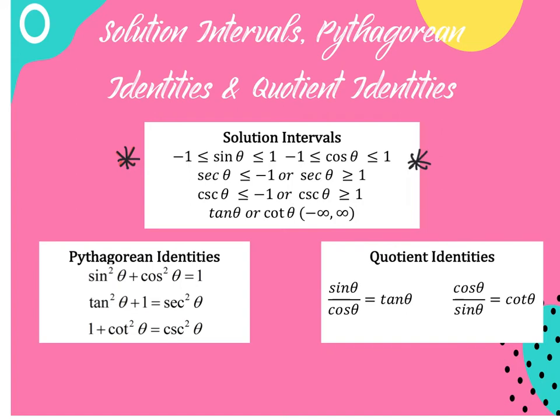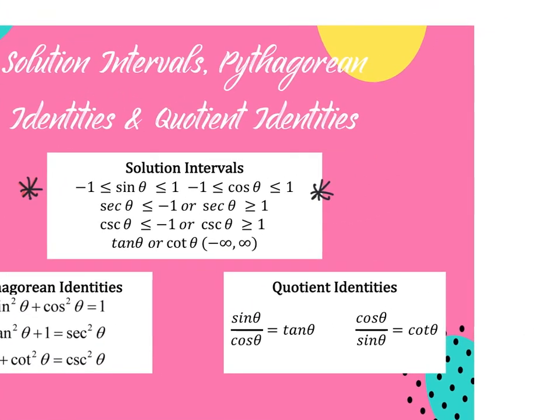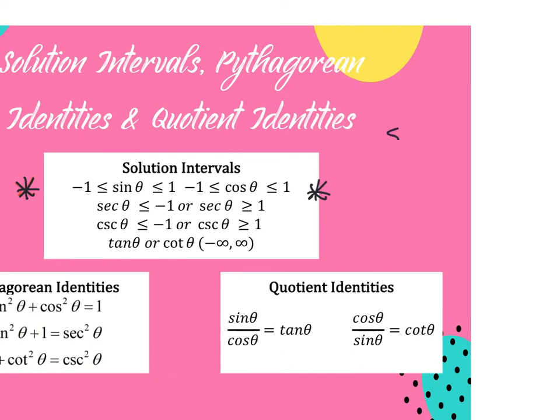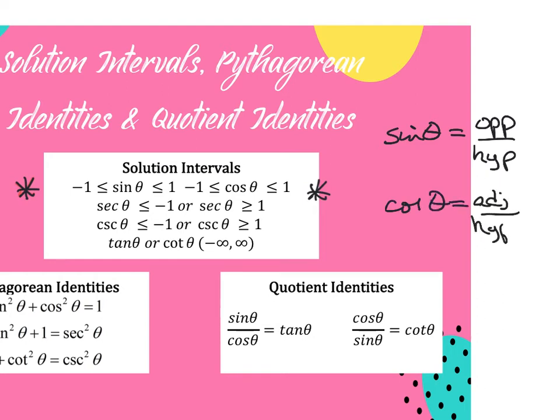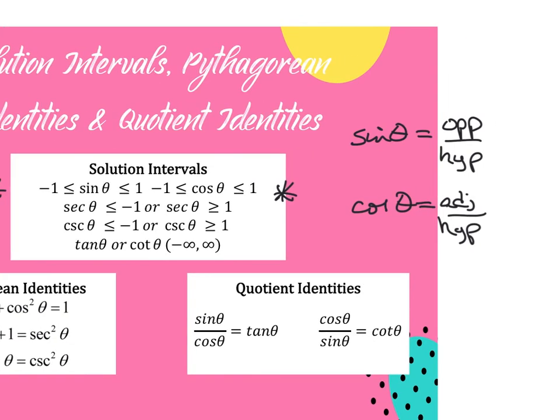And let's think about it back in our geometry days. When you did sine of theta, remember if you use SOH CAH TOA, sine was opposite over hypotenuse, and cosine was adjacent over hypotenuse. Remember, the hypotenuse is always the biggest side.